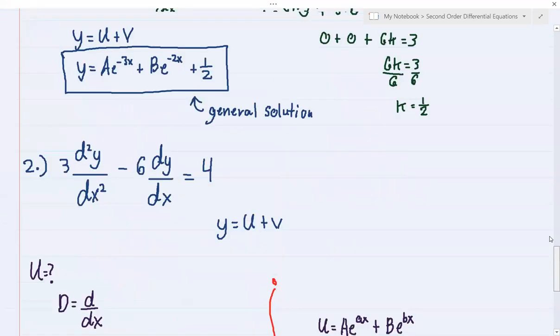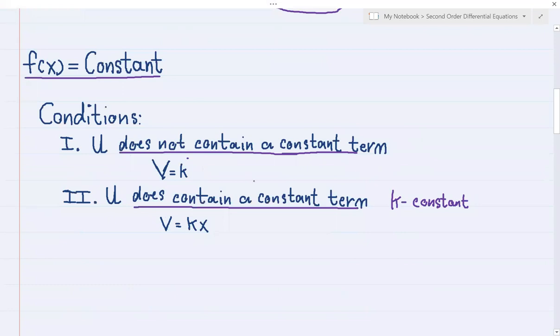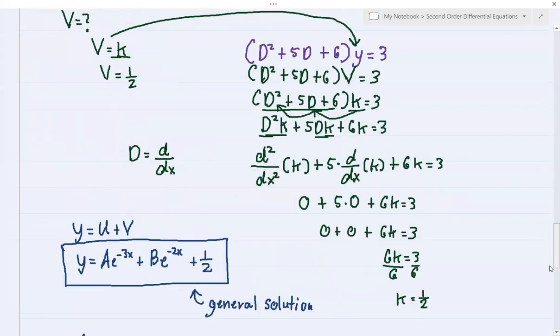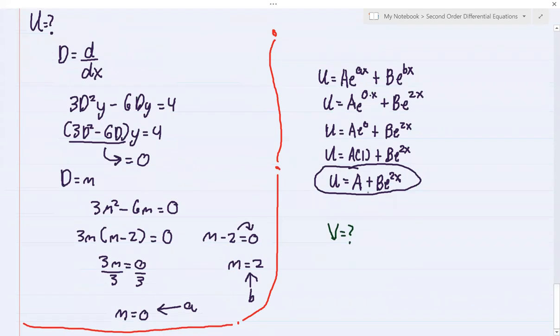Again, go back to your conditions. If your u does not contain a constant term, then your v is equal to k. But if your u does contain a constant term, then your v is equal to kx. So as you can see, there is a constant term of a. This a is no longer a coefficient of an exponent, right?